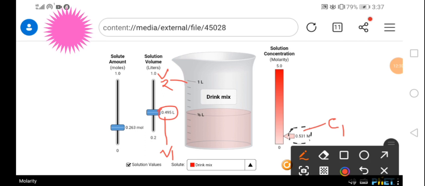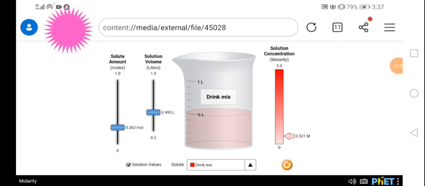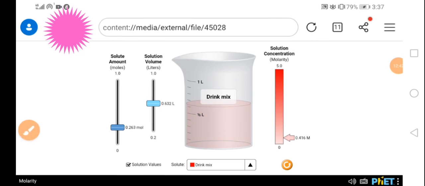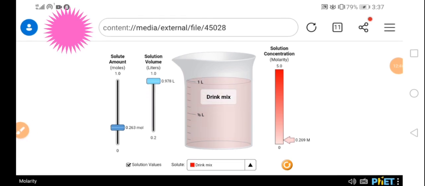So let me add more water like that. You can see that the concentration is reducing. The concentration is actually reducing. So this is what we imply when we are explaining dilution. So what we reduce is the concentration, and the number of moles remains the same.